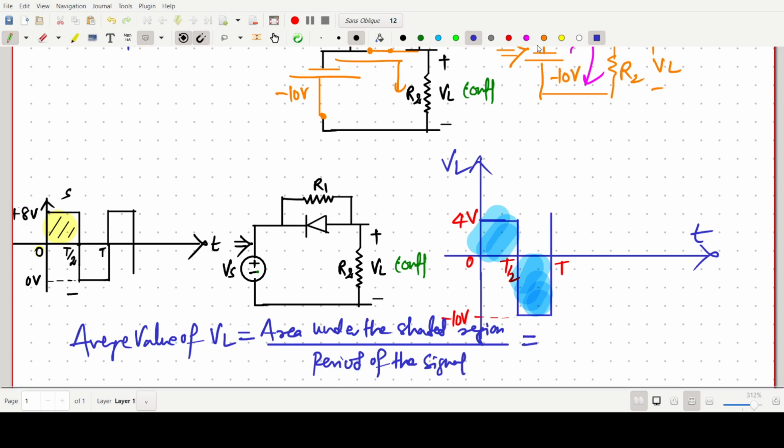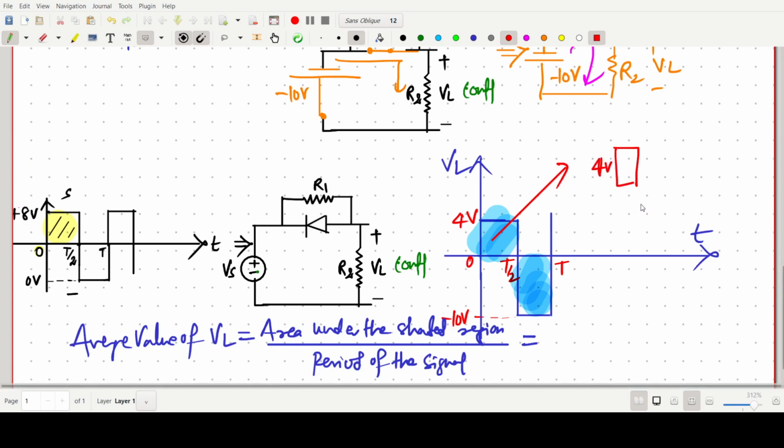So I'm just doing the area for this one. If you have to find this area, this height is 4 volt, 0 to 4, and this is T by 2. So this is somehow a rectangle type.